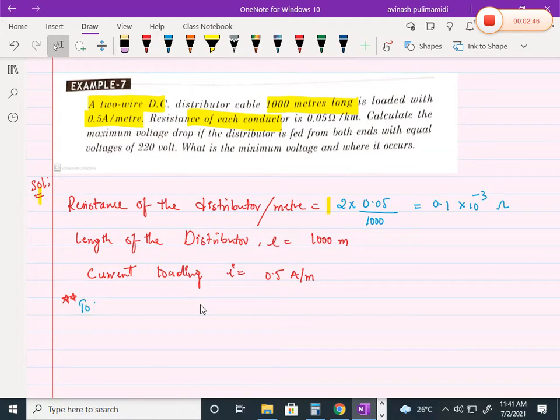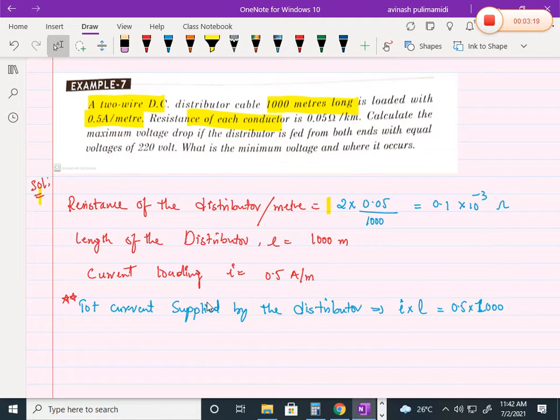Total current supplied by the distributor is I into L. What is the value of I? 0.5 into the length, 1000 meters.